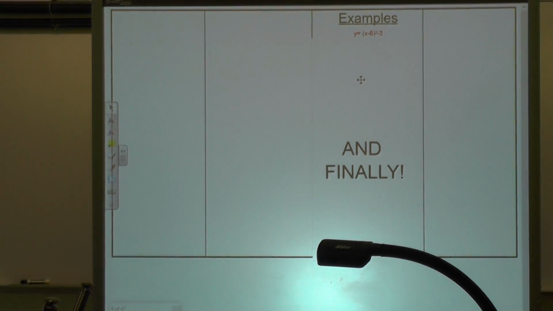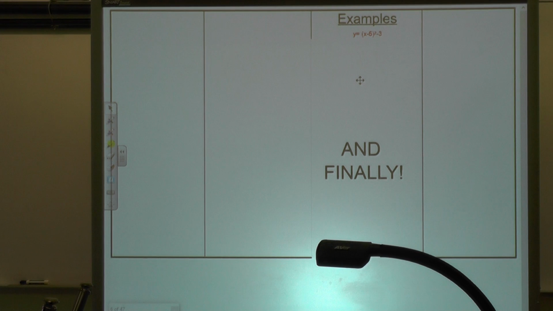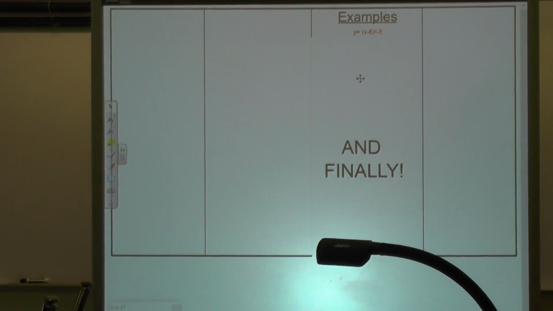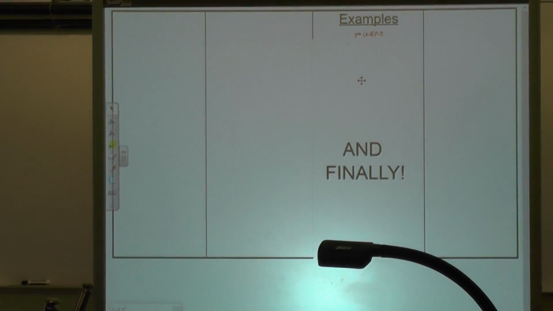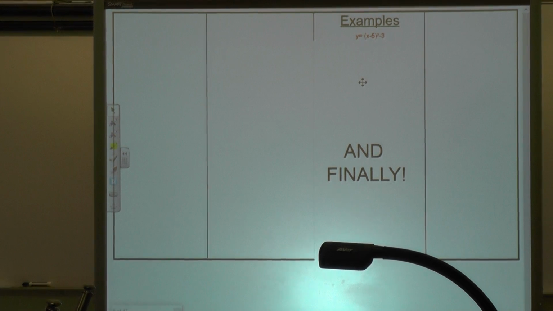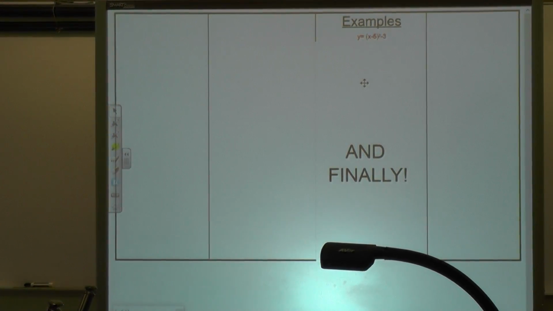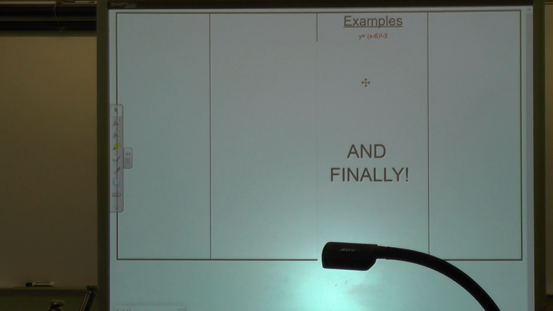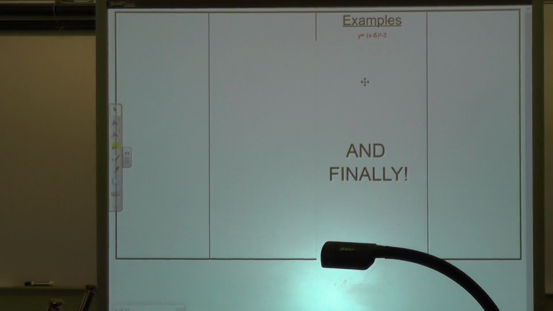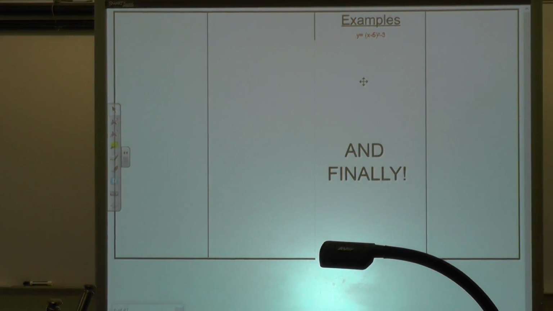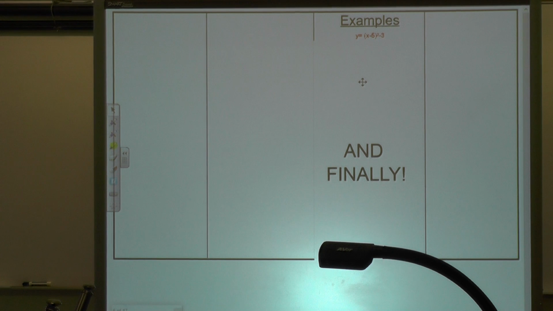Your first example is y equals parentheses x minus 5 close parentheses squared minus 3. This is in the third column.